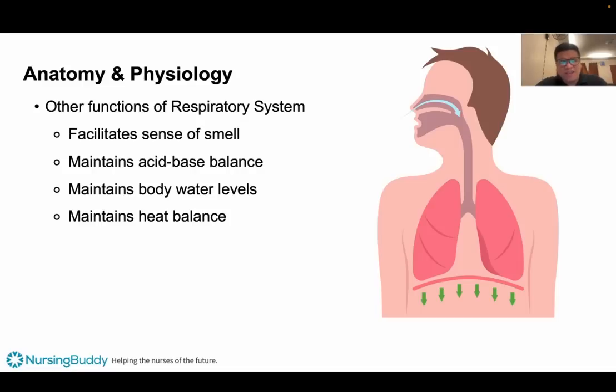When we say fluid loss, we immediately think of the kidney, but we must remember that our lungs are also very important in elimination or excretion of fluid in the body. That's why kapag humihinga po tayo sa, halimbawa, glass, makikita po natin na there's moisture. It's because of fluid loss, what we call insensible fluid loss. And aside from that, it also maintains heat balance.